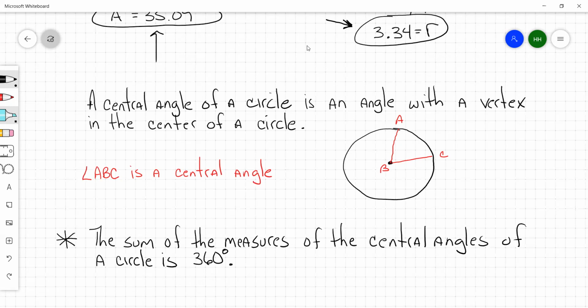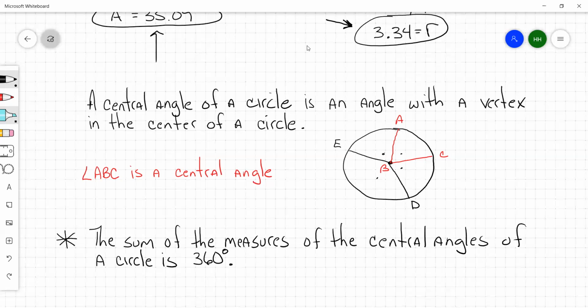Because watch, if I put my pencil on the center of the circle B and I draw another line or segment right here, and I call it D, isn't CBD also a central angle? If I put the pencil on B again and go over here, call this E, isn't DBE another central angle? All right, so look, these central angles, in this case, you've got 1, 2, 3, 4 of them.